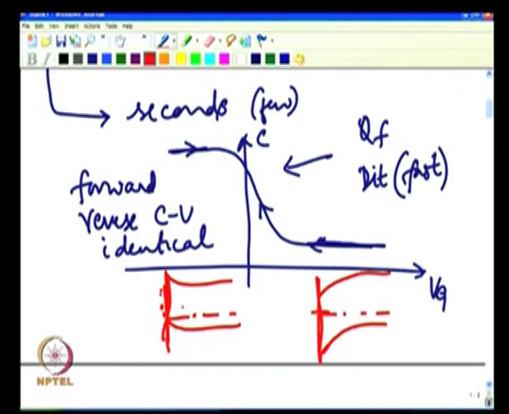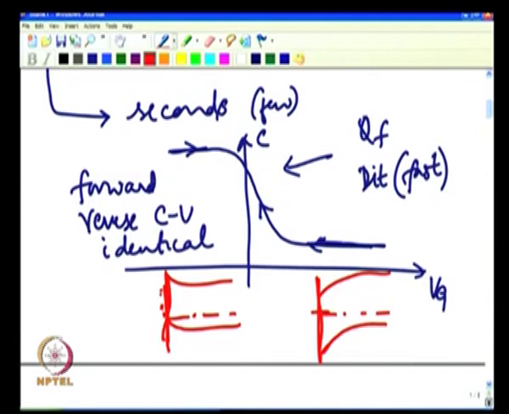So, what happens is that let us say out here you have all the traps empty, and when you come here you fill all these traps with electrons. And now when you are going back you have those extra charges in these traps, and these extra charges stay put when you are doing this CV sweep.